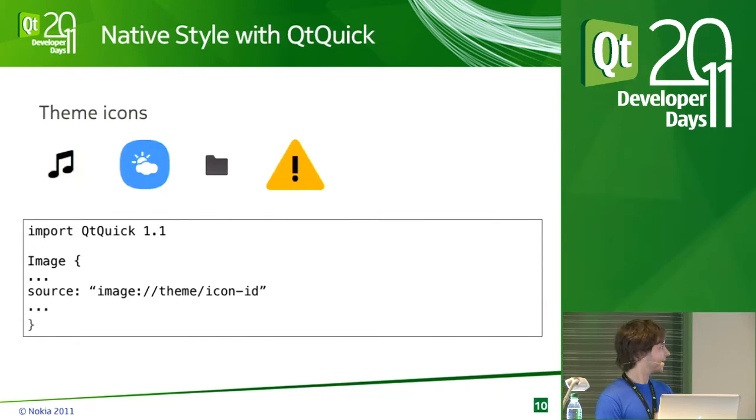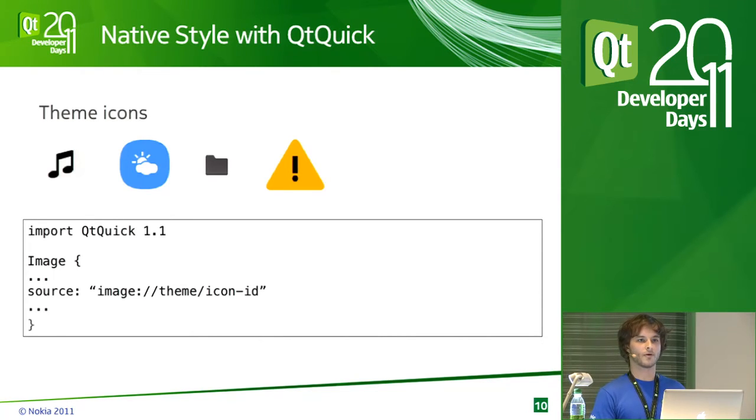So about these icons, all the theme resources like icons, backgrounds, or even button backgrounds can be reused in your application. There's a QML image provider that you can access from your code, and you can reuse all of the icons.